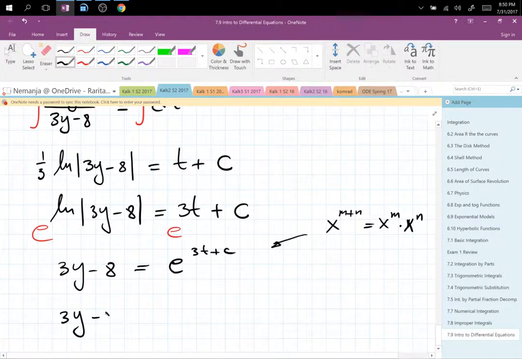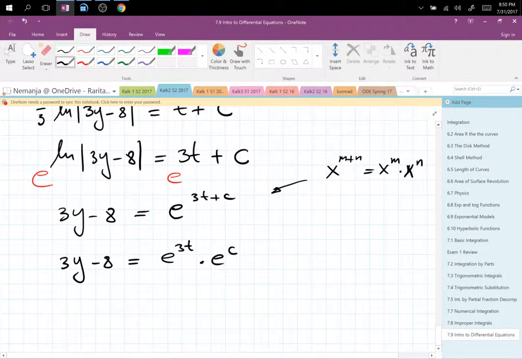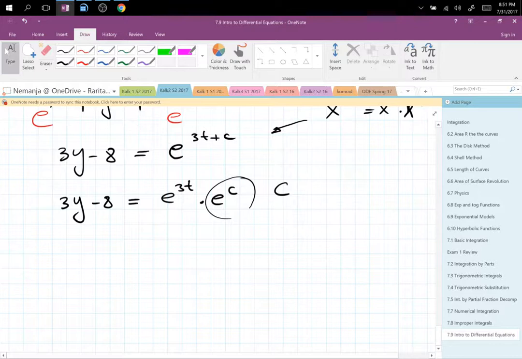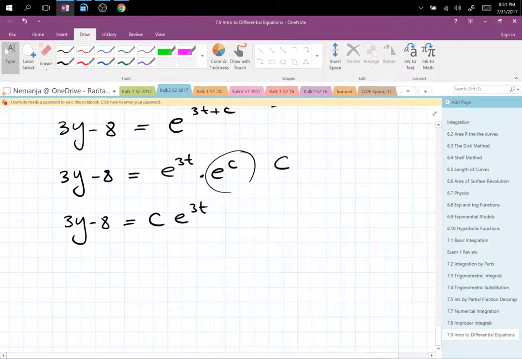So we have 3y minus 8 is equal to e to the 3t times e to the c, and you can call all of this again c, because it keeps being a constant. It doesn't matter. So now I am at the step that looks like this. Plus 8, divide by 3.